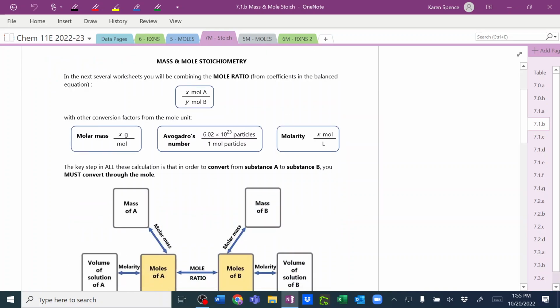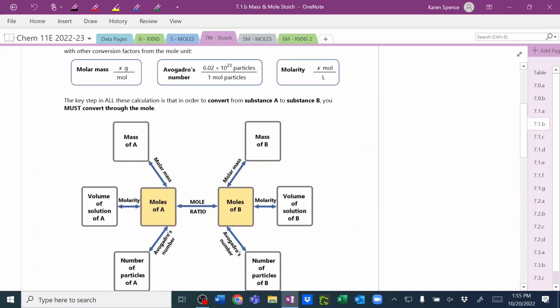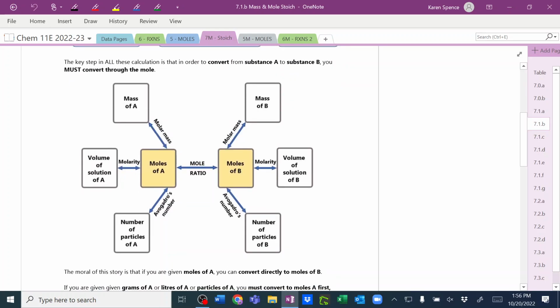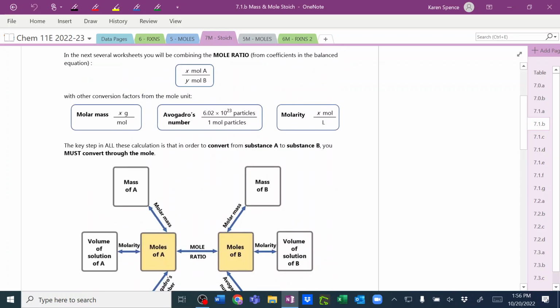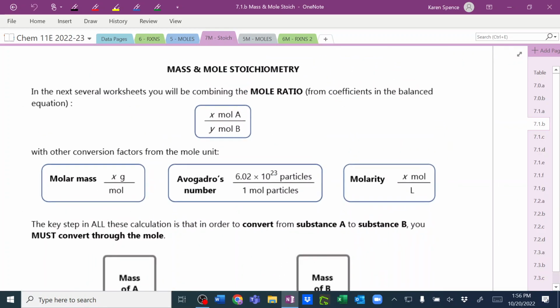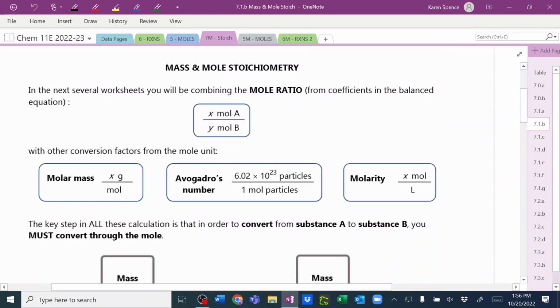So in 7b, this is on page 9. We're going to be using our mole ratio, and I'm repeating myself again here.